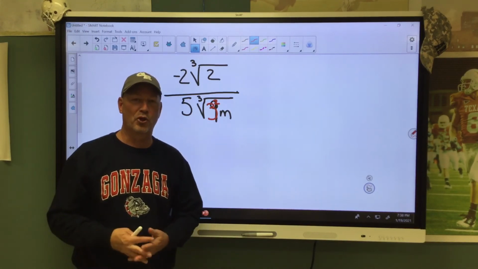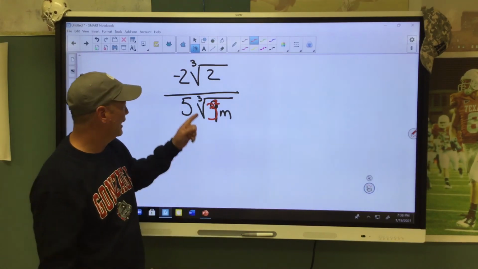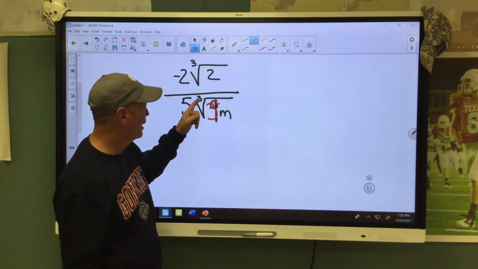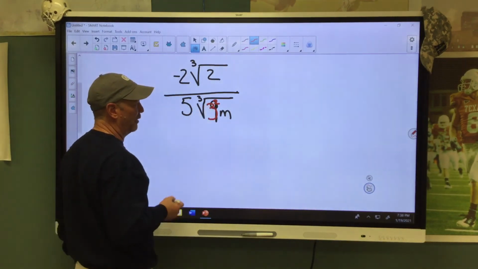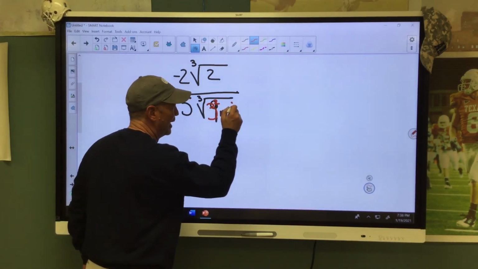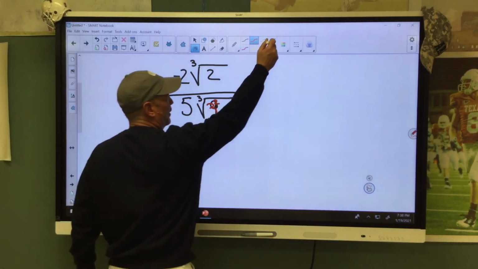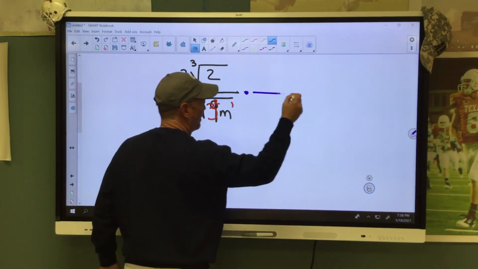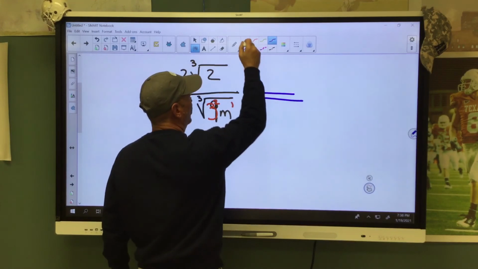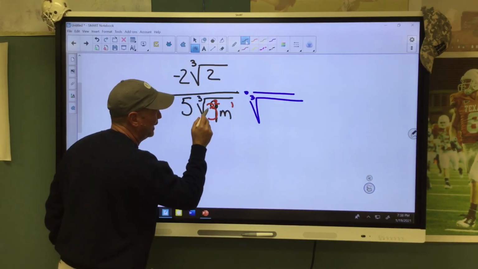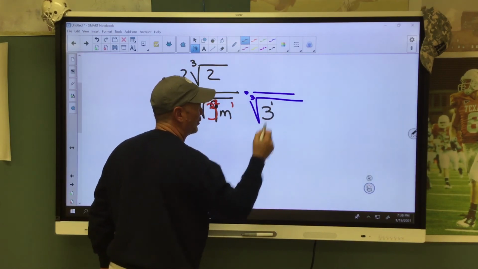Do you remember what your goal is to get rid of the radical in the denominator? Your goal is to make the root match the exponent. The 3 has an exponent of a 2. The m has an exponent of a 1. To make them match, we're going to multiply times the cube root, okay? The cube root of what? 3, this is a 2, so I need 3 to the first power.